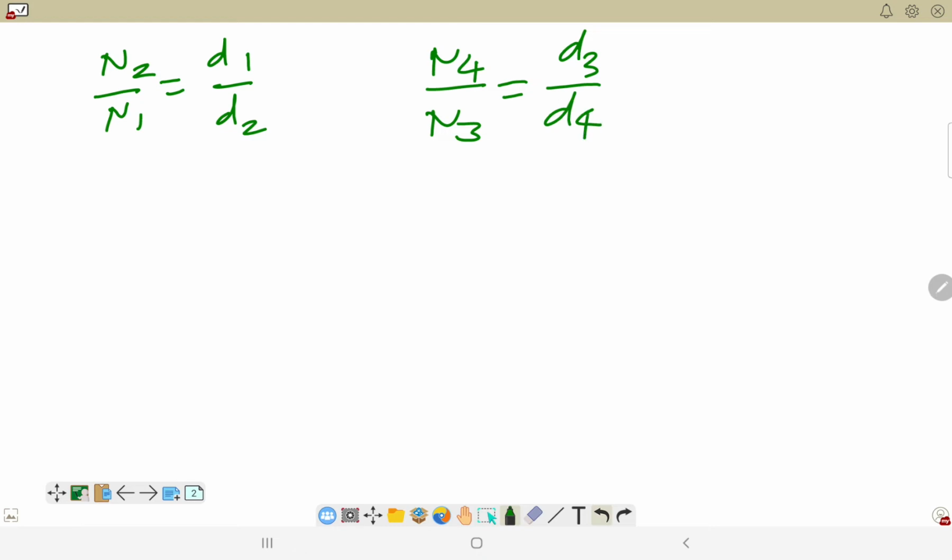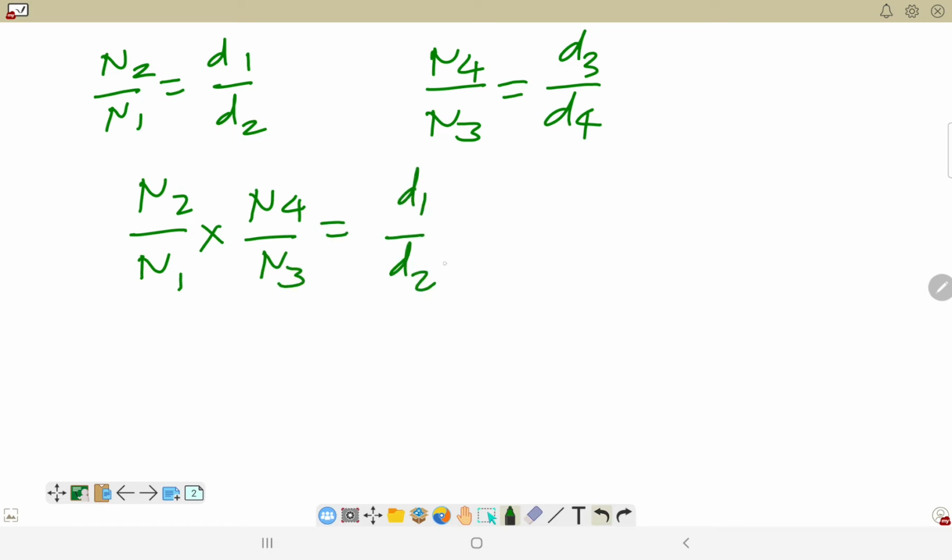So we have seen 2 relations. One is N2 upon N1 is equal to D1 upon D2, and the second relation is N4 upon N3 is equal to D3 upon D4. Multiplying these equations 1 and 2, we can write N2 upon N1 multiplied by N4 upon N3 is equal to D1 upon D2 multiplied by D3 upon D4.